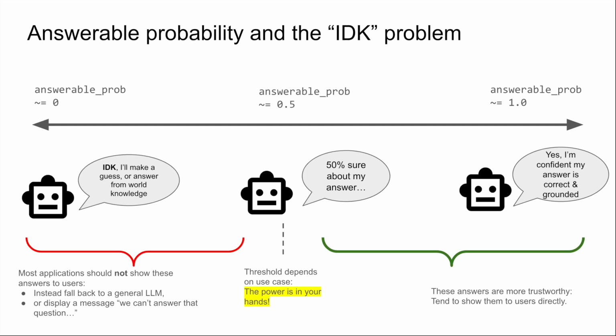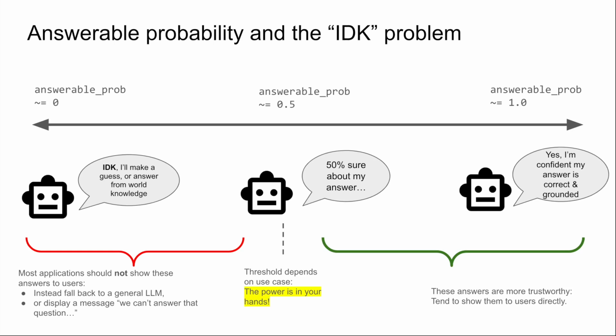The point is that the power is in your hands to decide what is right for your use case. But for most use cases, we recommend a probability of more than 0.5 indicates that the answers are more trustworthy, and we recommend developers show these to users directly. If it's lower than that, for most applications, we do not recommend showing these to the users.